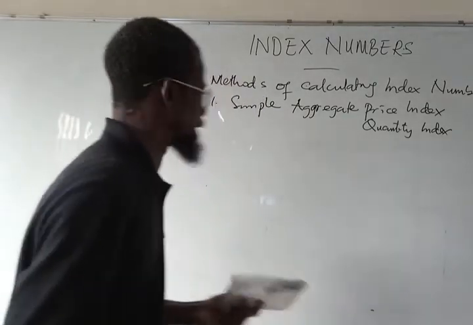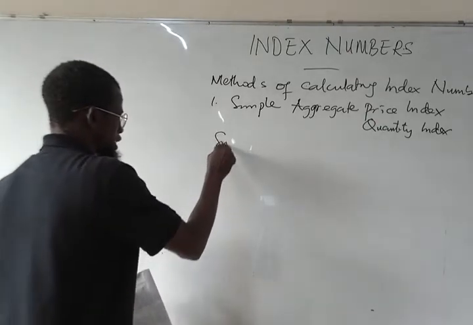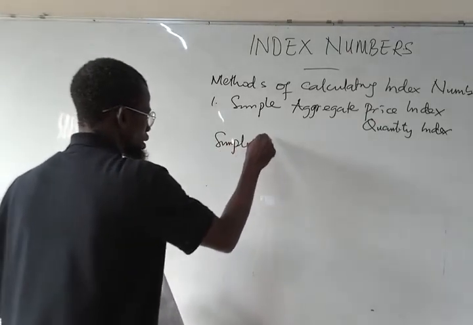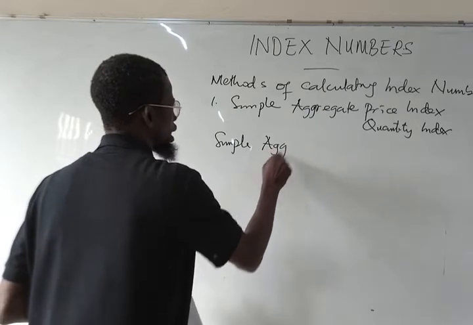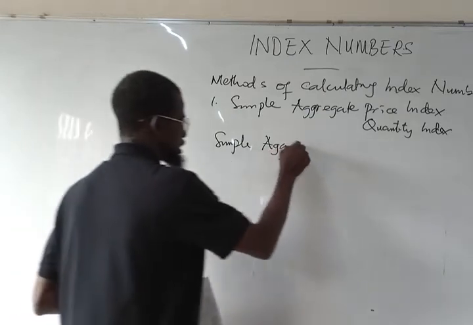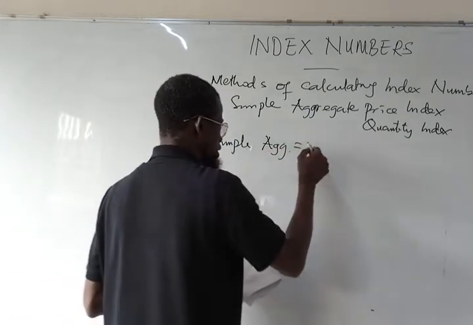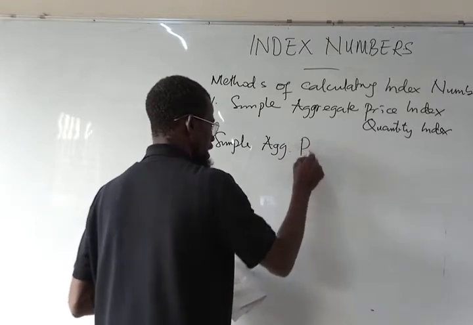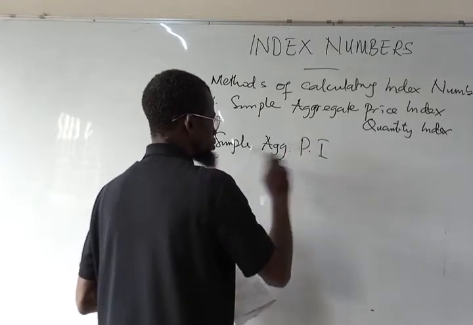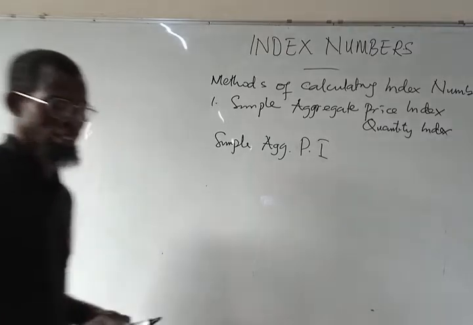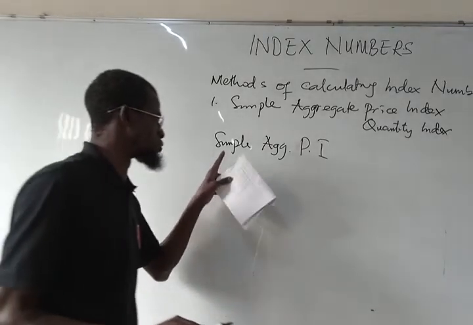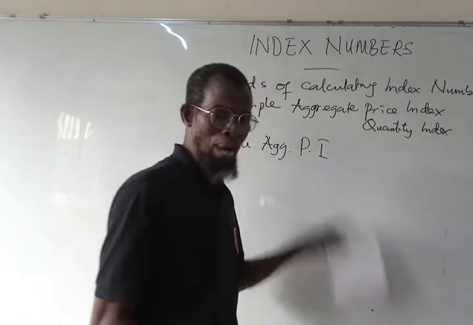And you can express this. You just write simple aggregate price index, PI, equals, remember, in this case we want to look at price index. So we are using the method of simple aggregate price index.